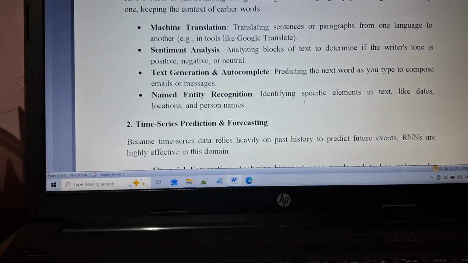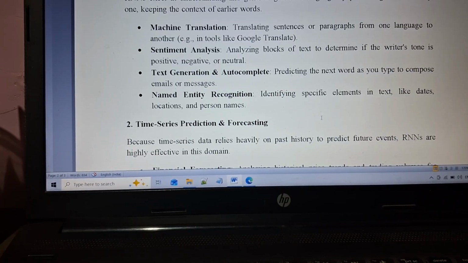RNNs excel at understanding and generating human language by processing words one by one, keeping the context of earlier words. Sentiment analysis, analyzing blocks of text to determine if the writer's tone is positive, negative or neutral. Text generation and autocomplete, predicting the next word as you type to compose emails or messages.